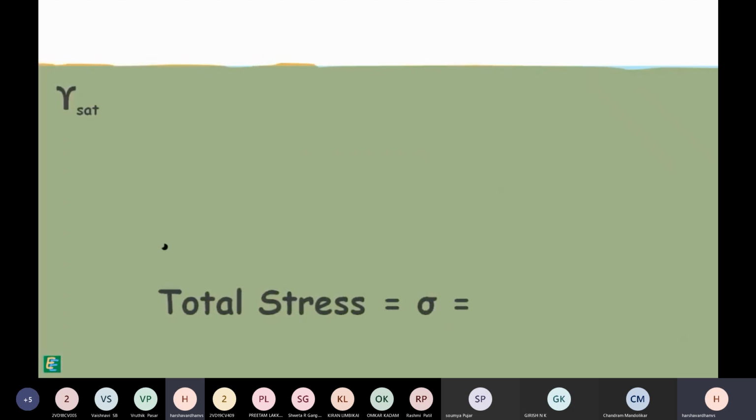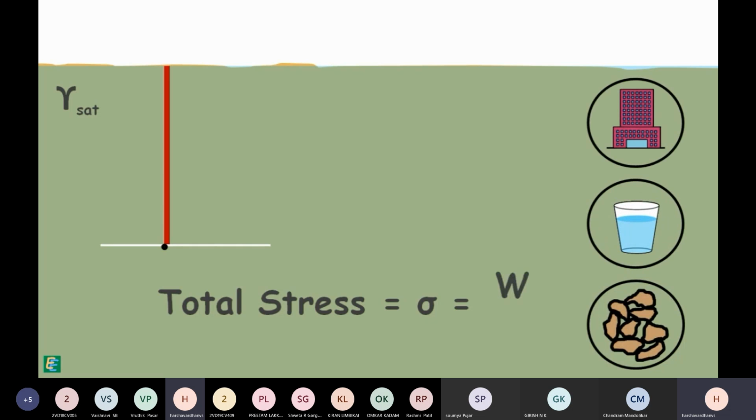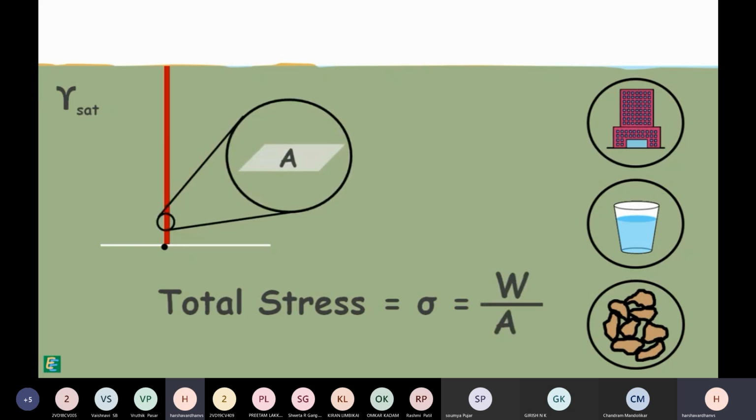Total stress at any point is equal to the weight of everything above that point, including soil, water, or overlying structure, if any, divided by the area over which this weight is acting. It can be imagined similar to pressure, which is force by area.